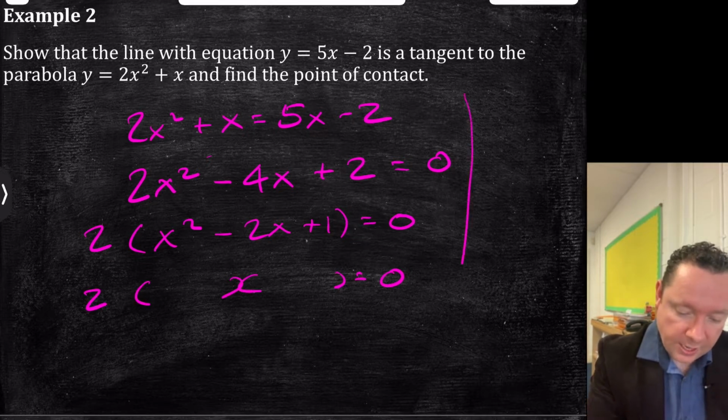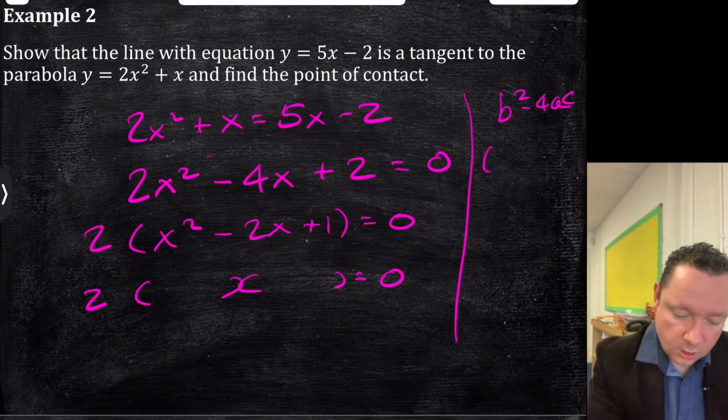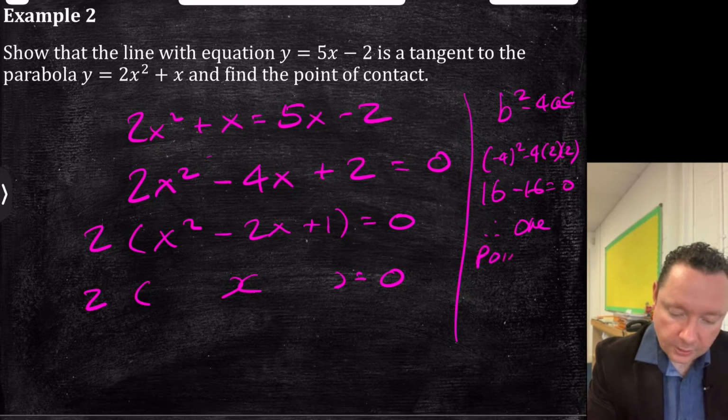But just at the side, if I check b squared minus 4ac for the original equation, 2x squared minus 4x plus 2, that's minus 4 squared, minus 4 times 2 times 2, that's 16 minus 16 equals 0, therefore 1 point of contact.